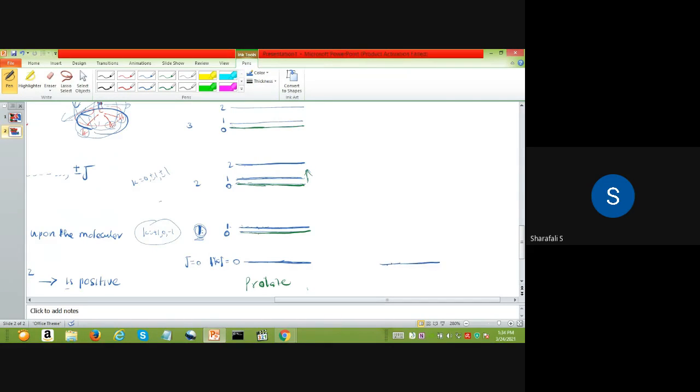We'll draw that 0 first. The 0 level will be the same, so K is also 0, J also 0. And then we have that 0 level here. From this 0 level, the next level will be less than that in the case of oblate. If you consider the second one, you have the 0 level here, and the next level will be less than that.